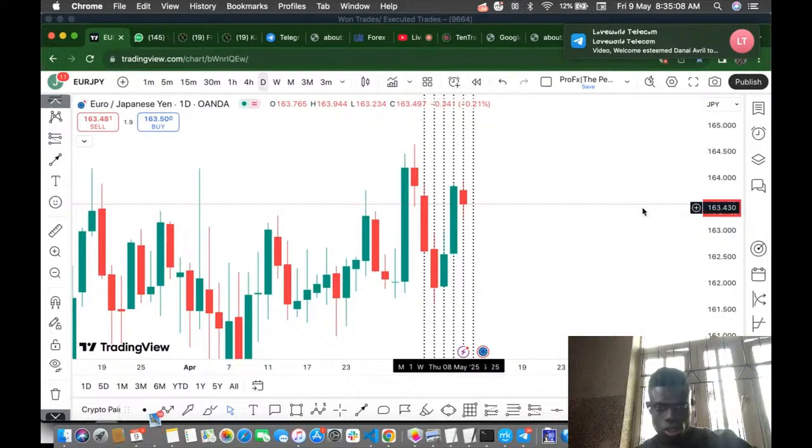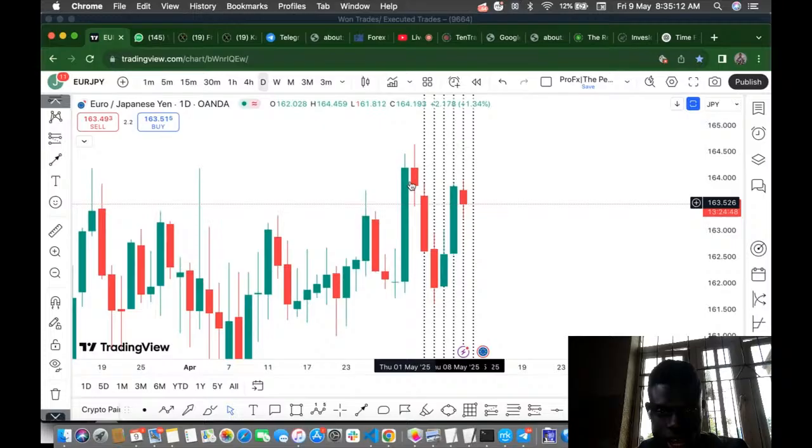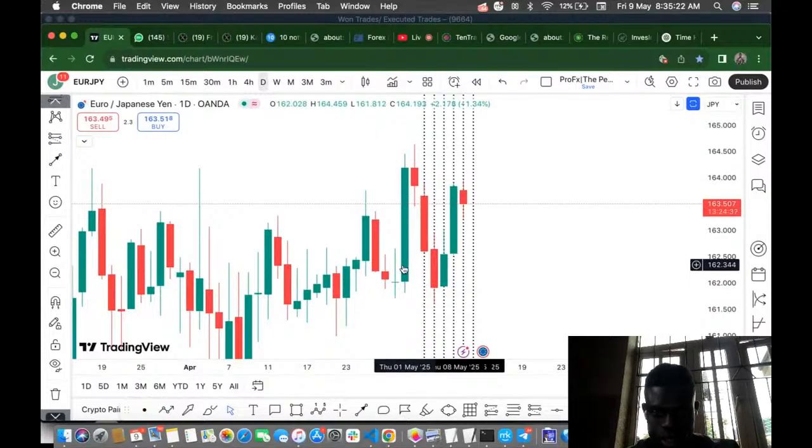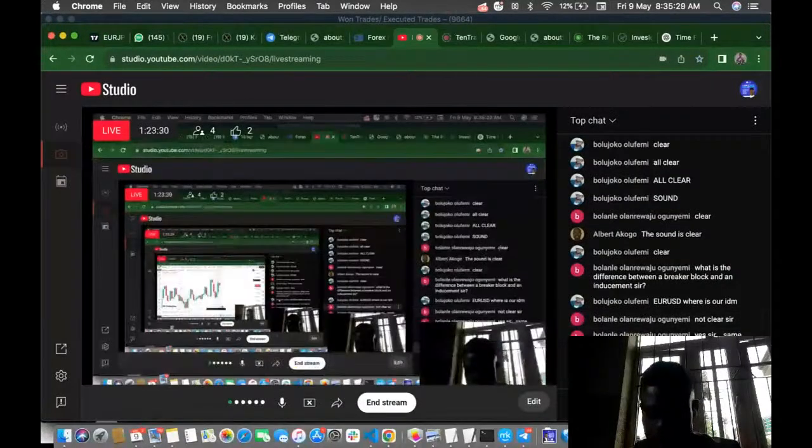This is a bullish sentiment candle, a momentum bullish candle on daily. This is a signal that the big boys have initiated an order. Daily candlestick, don't joke with it. Daily candlestick have initiated a buy.